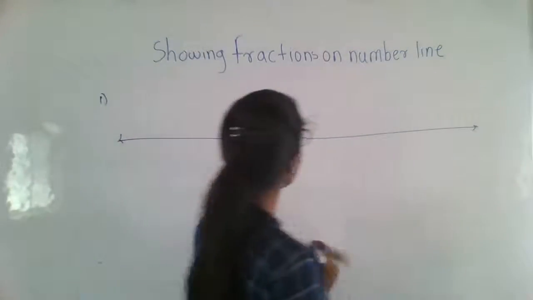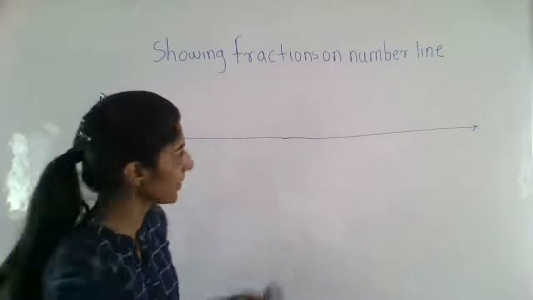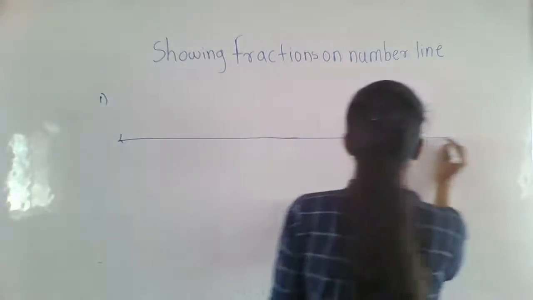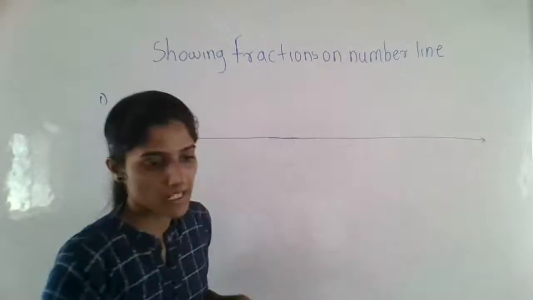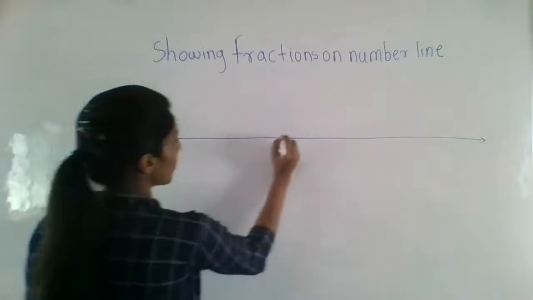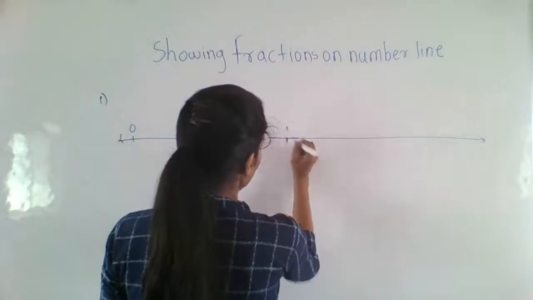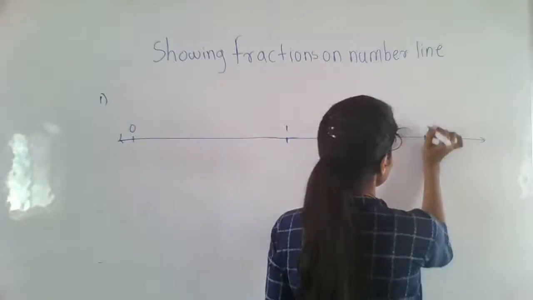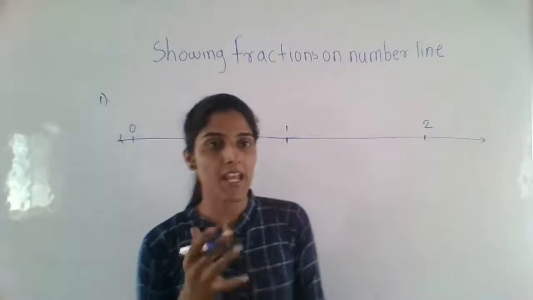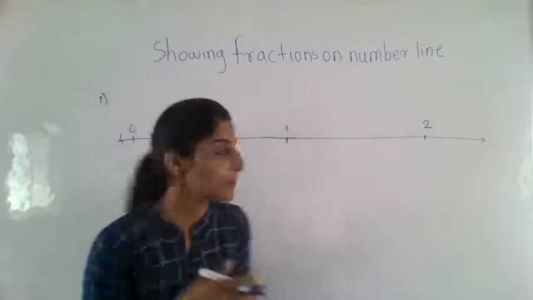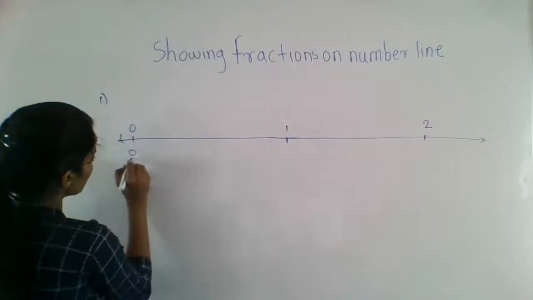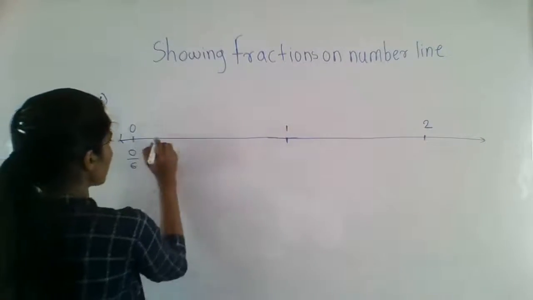On the number line, that is 0, 1 and 2. Here there are blank spaces A and B, and we have to find the numbers at A and B. Now here 0/6, we know that it is always 0.